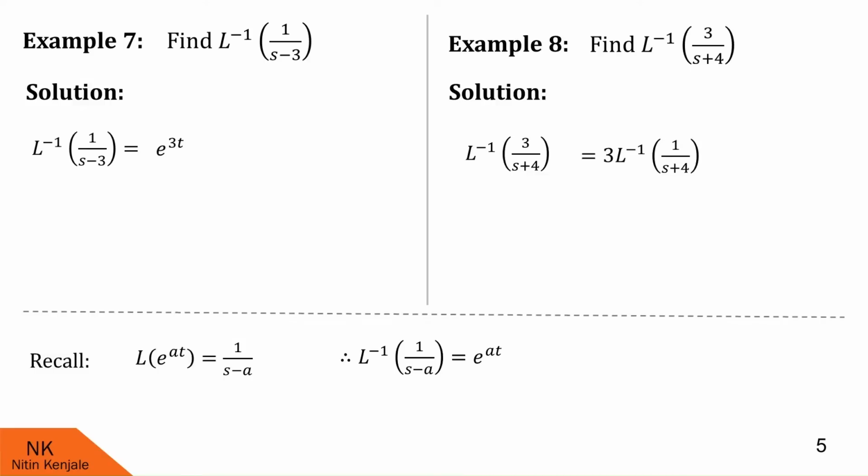If you don't remember, recall Laplace of e raised to minus at. It is 1 upon s plus a. So here a is 4. Clearly L inverse of 1 upon s plus a is e raised to minus at. Therefore L inverse of 1 upon s plus 4 is e raised to minus 4t. Yes, you are correct. Now let us proceed to the ninth example.